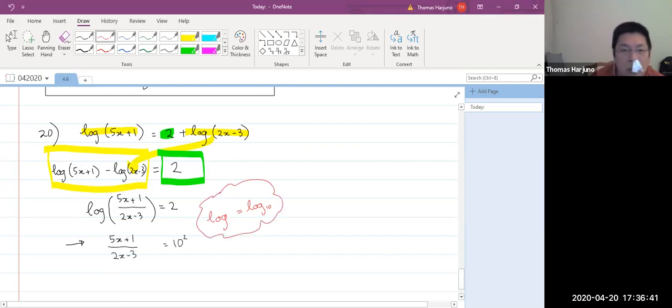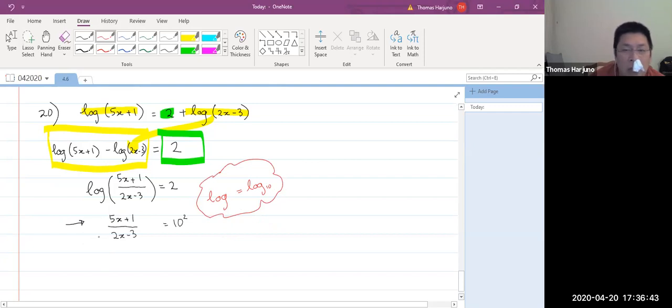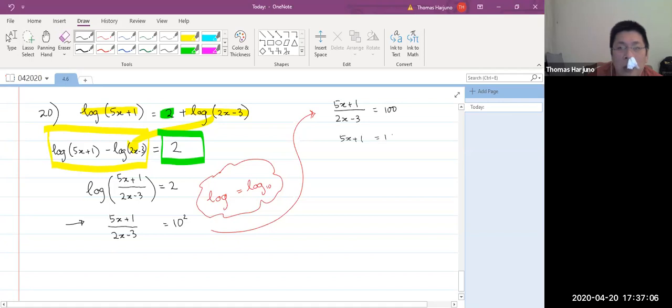Now from here we solve it as usual. This will then be 5x plus 1 over 2x minus 3 equals 100. So 5x plus 1 equals 100 times 2x minus 3.